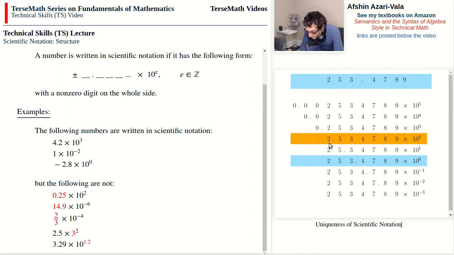The requirement that there is only one digit excludes all of the ones that are below here. All of these ones down here don't qualify because we insist on having one digit on the left. And the requirement that that digit cannot be zero excludes all of these possibilities. And that way we impose uniformity on the notation.